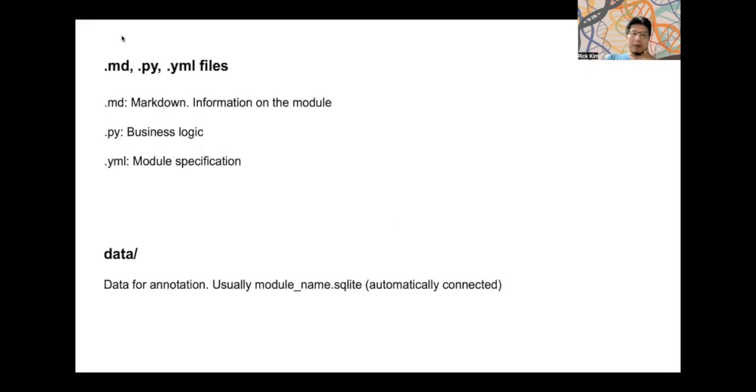Now, for this to happen, we need some files. So what makes an annotation module? Specifically, what files? When we look at OakVar's annotation modules, they are actually a folder. So the CleanVar module is a CleanVar folder. And inside the CleanVar folder, we see 3 files: cleanvar.md, cleanvar.py, cleanvar.yaml.